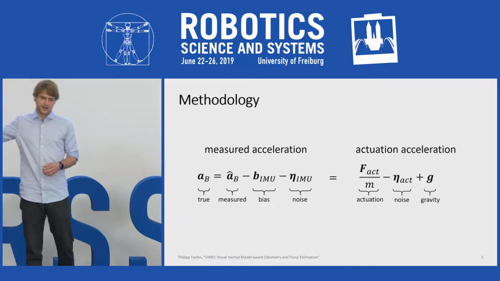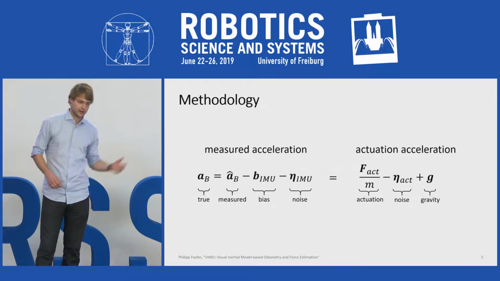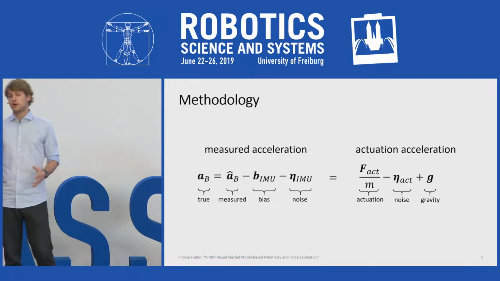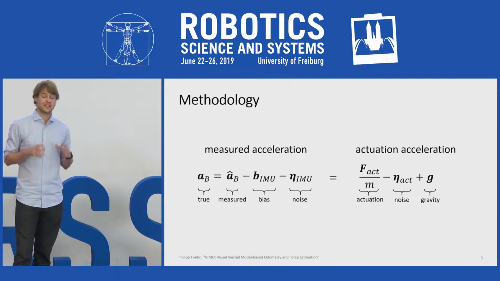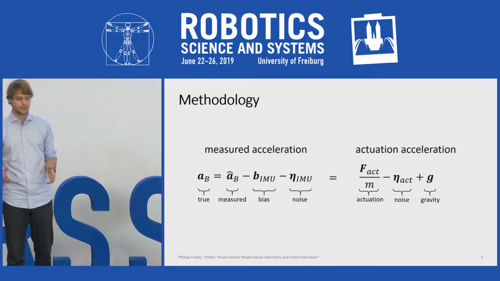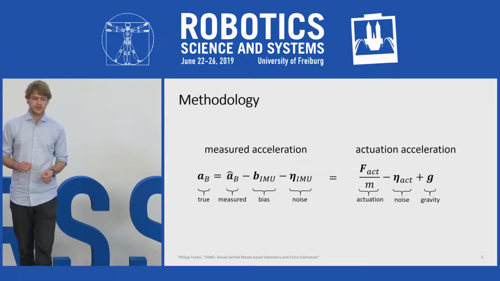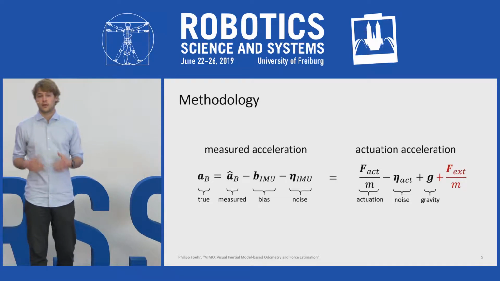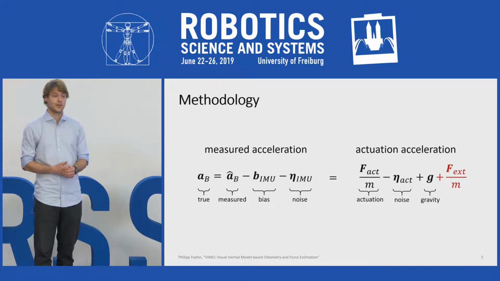On the left-hand side, we have the measured accelerations, and on the right-hand side, the actuated accelerations. Now, many approaches have found that the actuation, especially on a drone, is too disturbed to be of real value for the estimation problem. But they do not consider the external force acting on the platform, which we now want to put back into the equation.